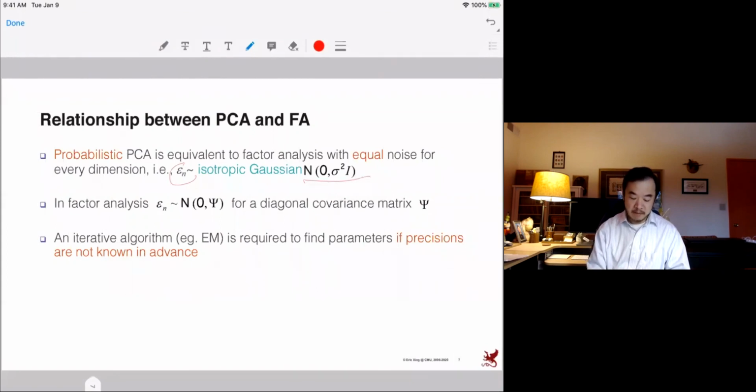But in factor analysis, this psi matrix is not necessarily diagonal. It can be diagonal if it's easier, but even if it's diagonal, it doesn't have to be the same in all dimensions. So it's not isotropic.